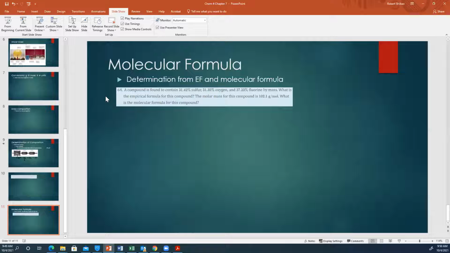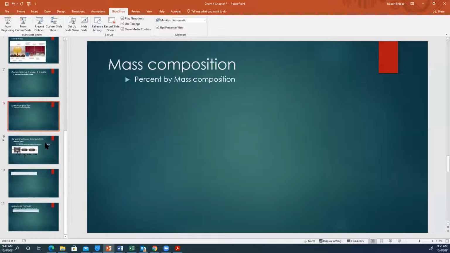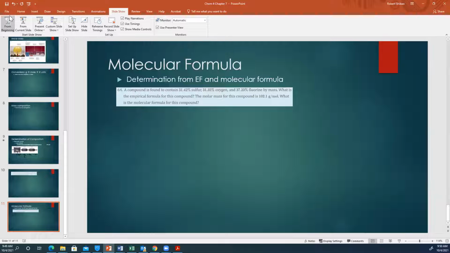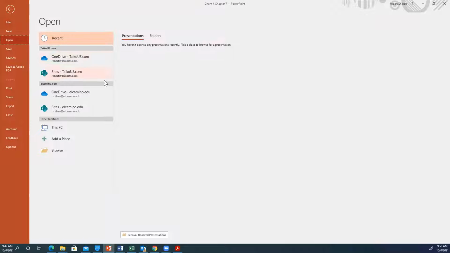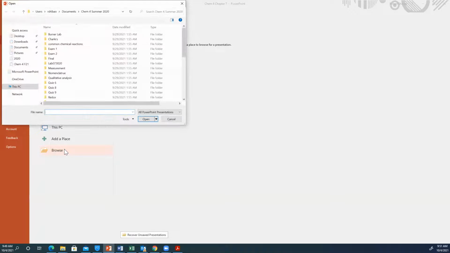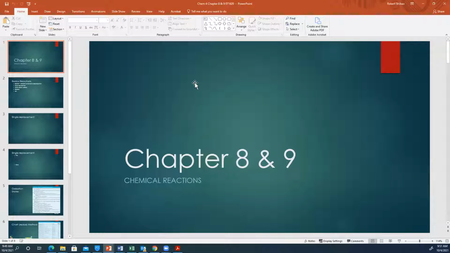Okay, so we did the determination of the molecular formula. That's pretty much the last part of this chapter. And so let's take a look at the next chapter. It should be chapter 8. Chapter 8 deals with chemical reactions.